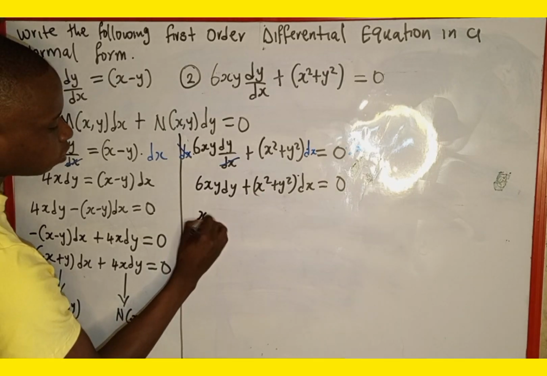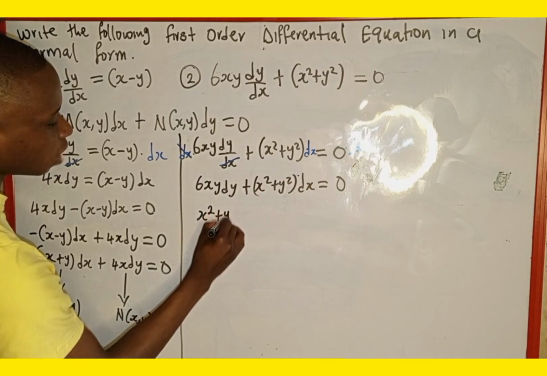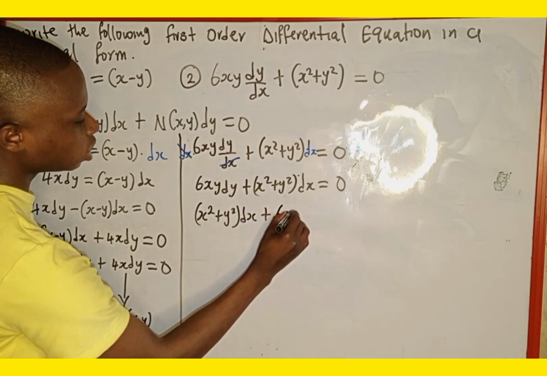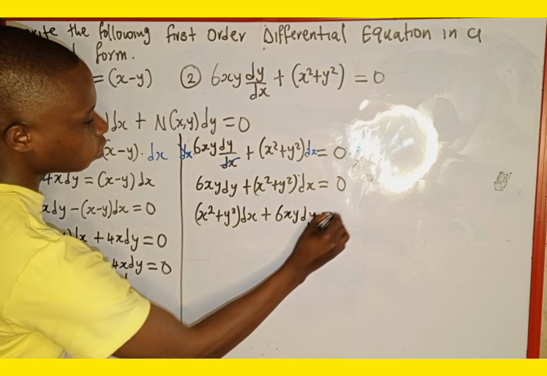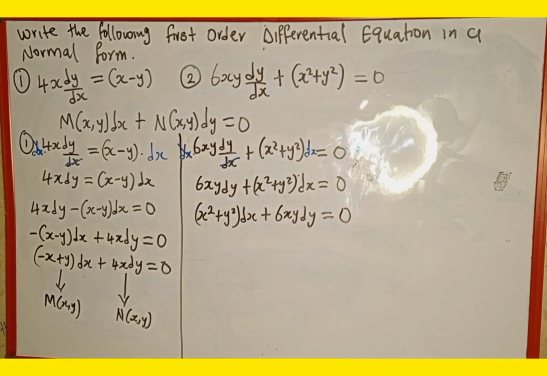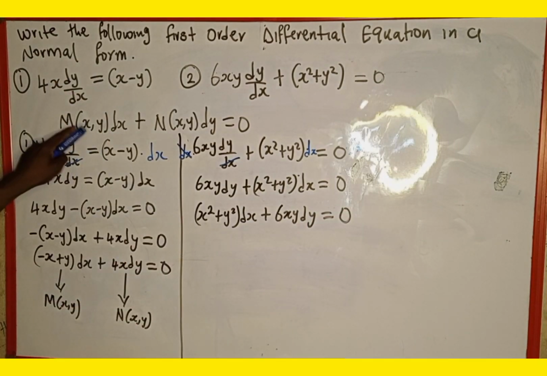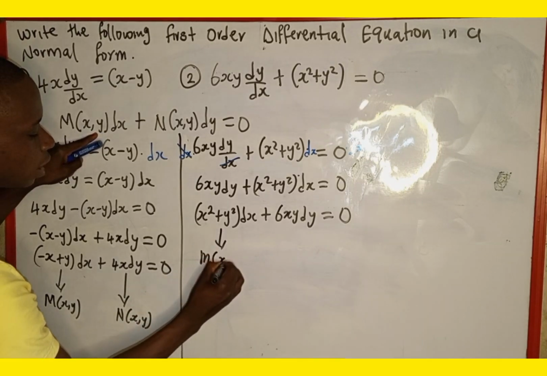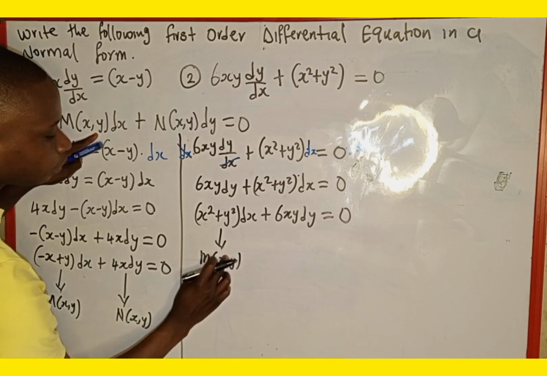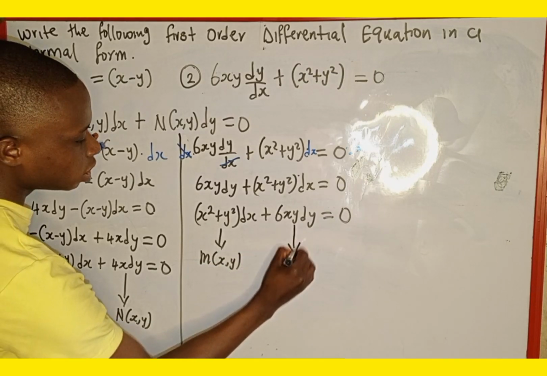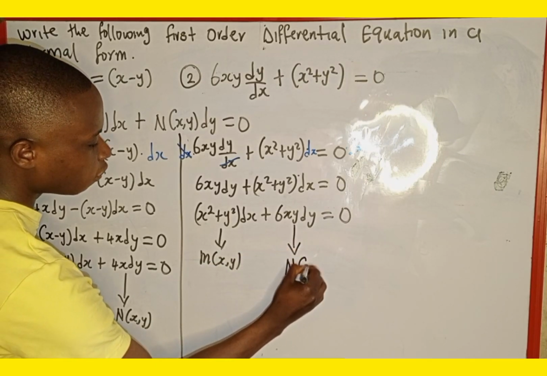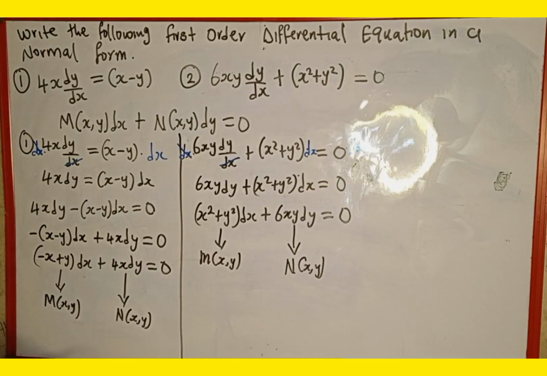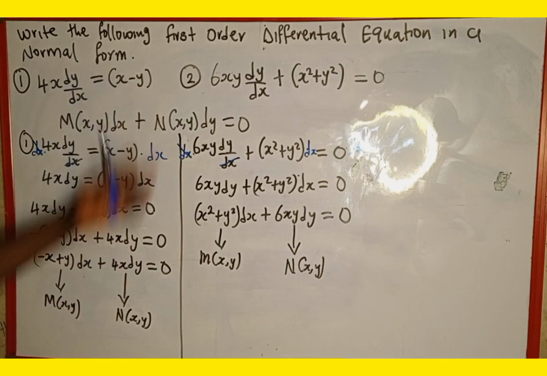This one will come first: (x squared plus y squared) dx, then plus 6xy dy, which is equal to 0. Now if you look at our normal form, M of x, y is going to be this one, and this is going to be N of x, y. So this is how to write a first order differential equation in a normal form.